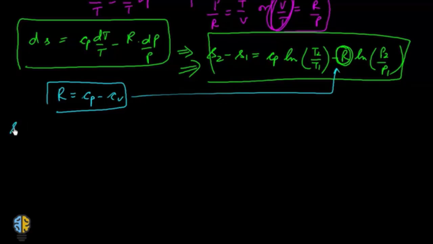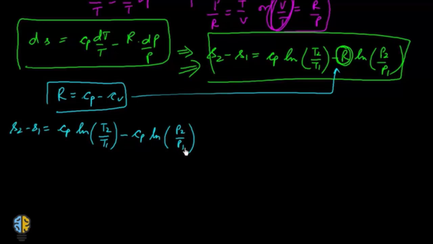Now let's put this value in this equation. So you'll have S2 minus S1 is equal to Cp into log of T2 by T1 minus Cp log of P2 by P1, and then the minus will become plus, and you'll have Cv into log of P2 by P1. So this is what you will get.